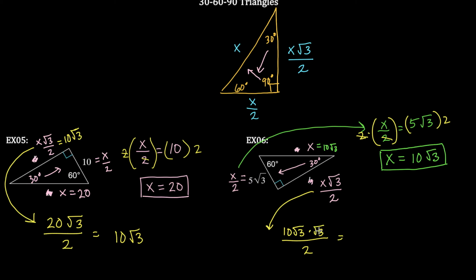And then I put the times square root of 3. So that gives you 10 square root of 9 over 2. Right away I can simplify this, right? 5 square root of 9, but square root of 9 is just 3. 5 times 3 gives us 15. So all of this equals 15. Okay, cool.